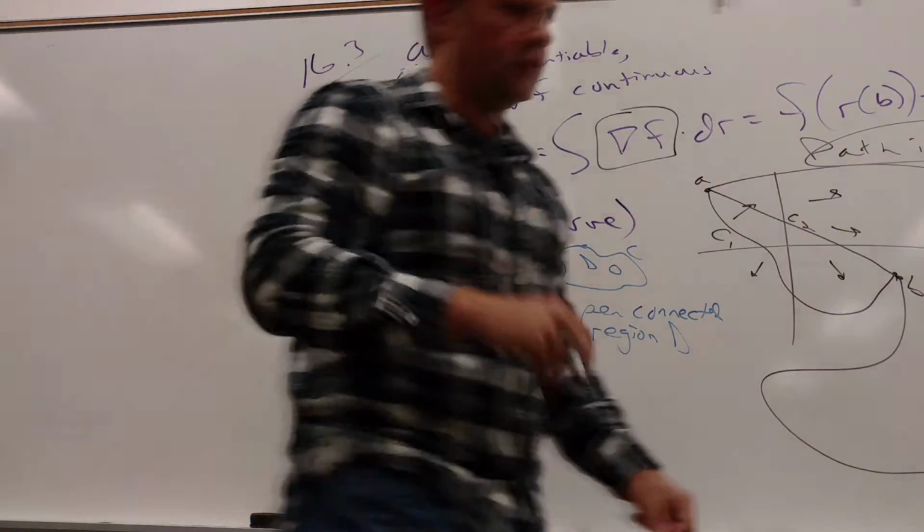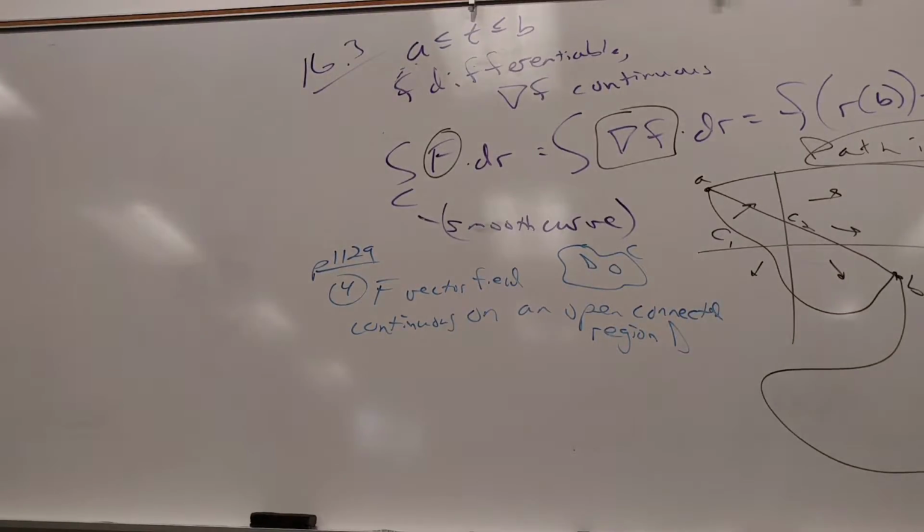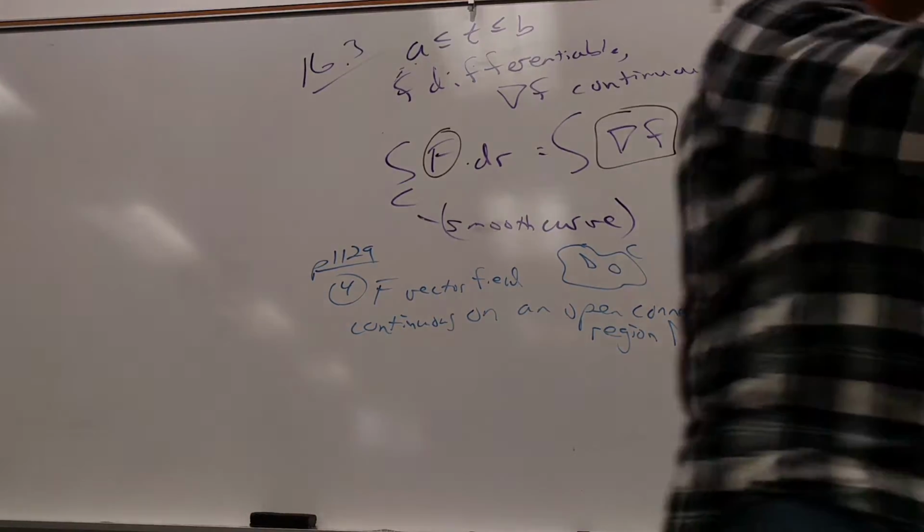I think there's pictures showing you connected. Yeah. So it's just the difference between connected and simply connected or something. Page 1130. Yeah, simply connected. I'm thinking about simply connected.